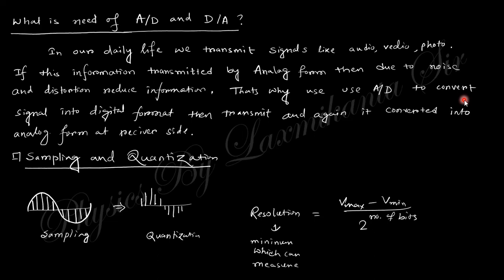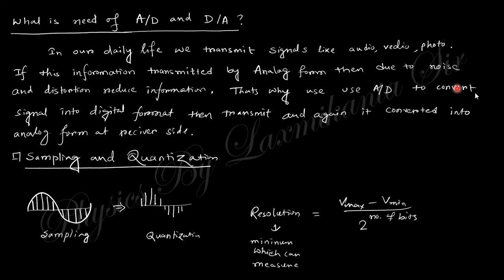To avoid this signal distortion and noise, we convert it into digital format, and then the digital signal can be transmitted, and then we do the reverse process, digital to analog conversion. So digital to analog and analog to digital conversion are very important.